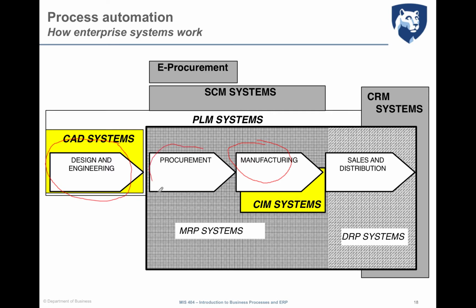For procurement, we have material requirement planning systems. For sales and distribution, we have distribution requirement planning systems. For the whole chain, we have product lifecycle management systems. For the whole supply chain, so including also inter-company processes, we have supply chain management systems, and so on.